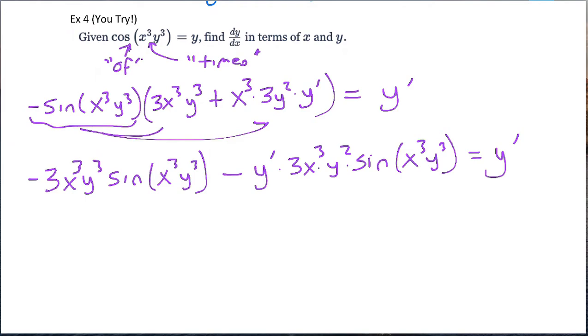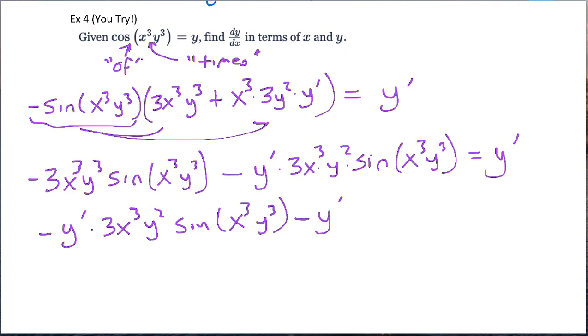Now I'm going to move the y prime from the right side over to the left side. Leave everything else alone. 3x cubed y squared sine x cubed y cubed minus y prime equals 3x cubed y cubed sine x cubed y cubed. Typing this into Delta Math could be a challenge for you.